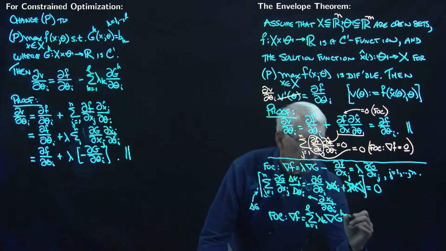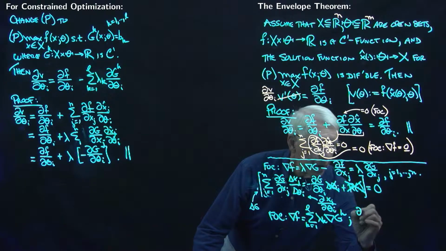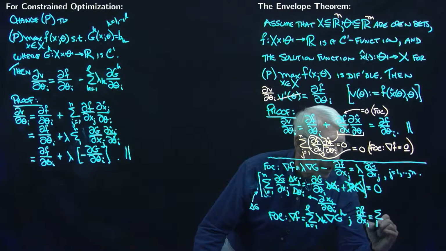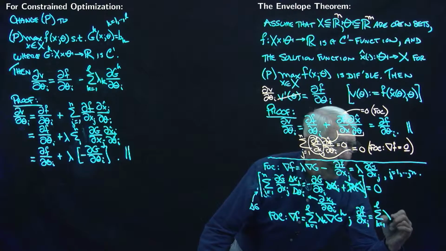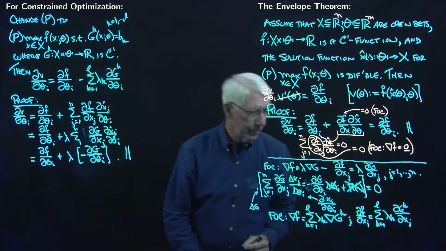And writing that in terms of partial derivatives, it says that the derivative of f with respect to xj is equal to the sum k equals 1 to L of lambda k partial of gk with respect to xj.